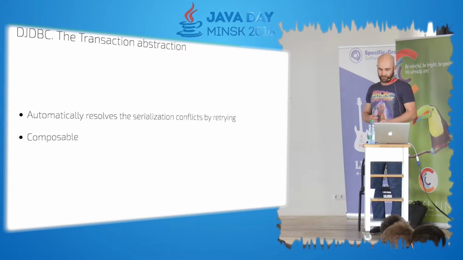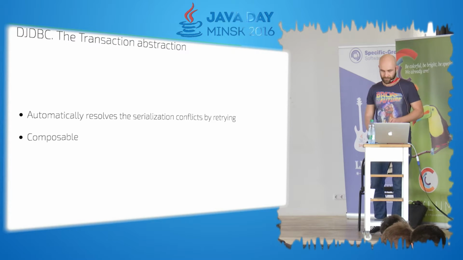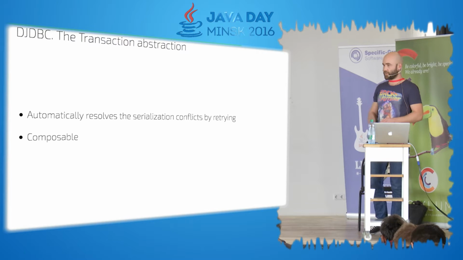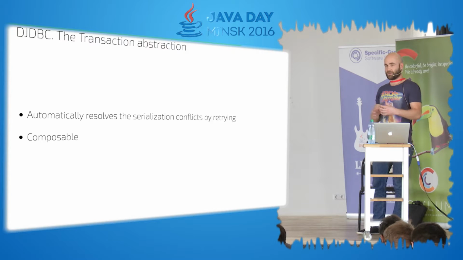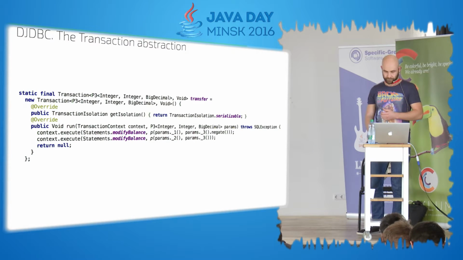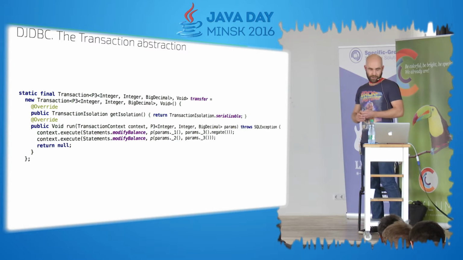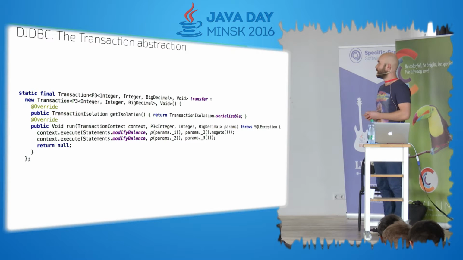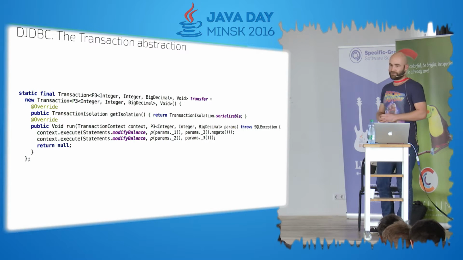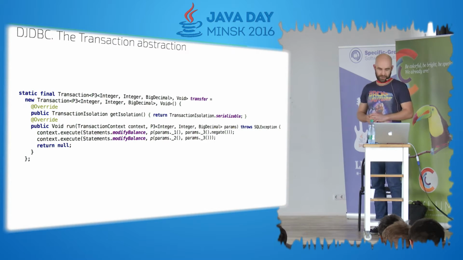And another property that the transaction abstraction has is composability. Composability means that you can nest transactions inside of each other. And here's an example of a simple transaction of a typical case where you want to transfer some funds from one account to another.